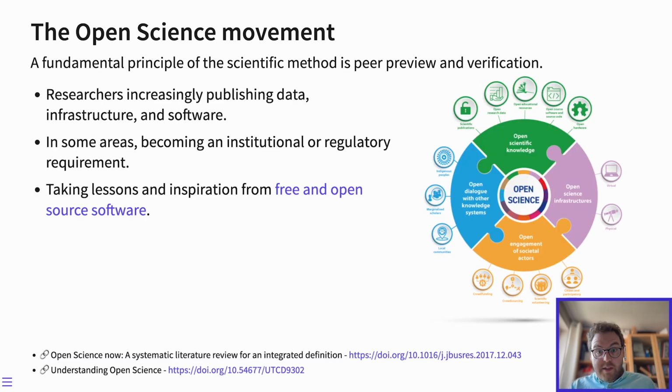And because of this reason, researchers are increasingly publishing their data, as well as the infrastructure and their source code for software that they use to build their analyses. In fact, in some places, this is actually becoming an institutional or regulatory requirement. So in some universities, for example, you may be given funding and told, okay, well, any outputs you produce from this funding must be open access so anyone can download those results.